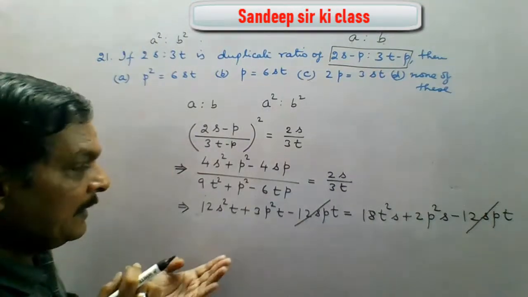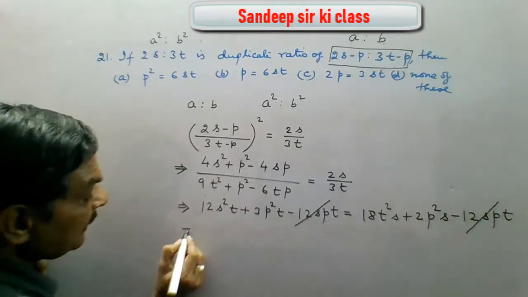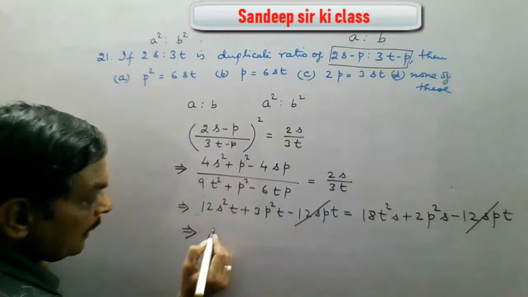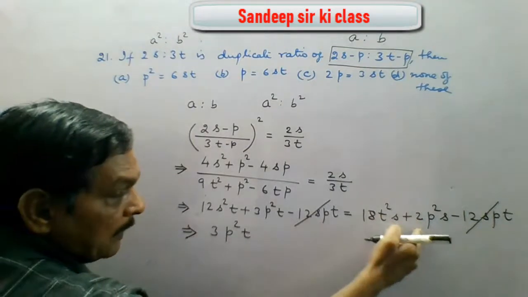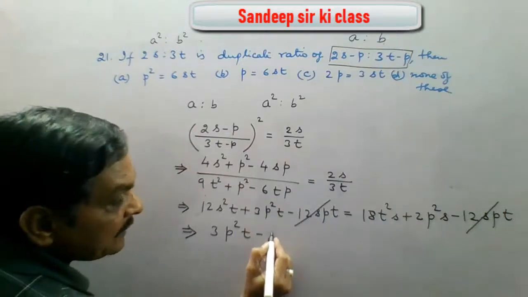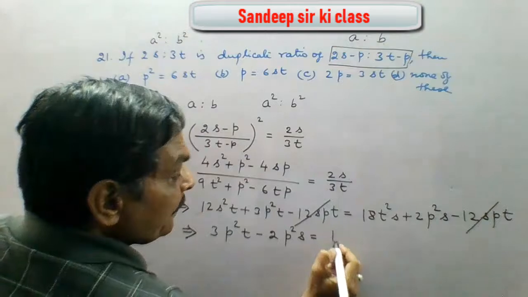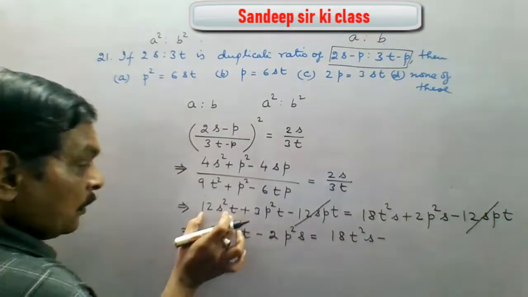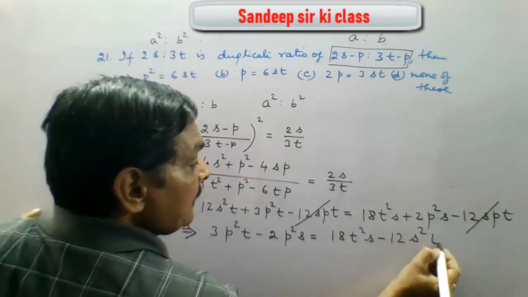Now I take the p square terms on one side and the remaining on the other. So here is 3p square t minus, this will come this way, so it will become minus 2p square s, is equal to 18t square s minus, this will go that side, so it will become minus 12s square t.